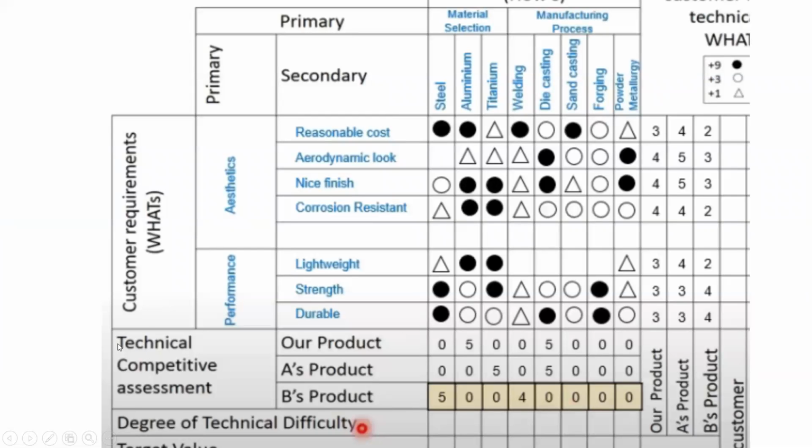This one is the technical one, focused on how, not the what. Your product, A product and B product. This bottom part is from the above, the left and right. Okay, so we go to next.